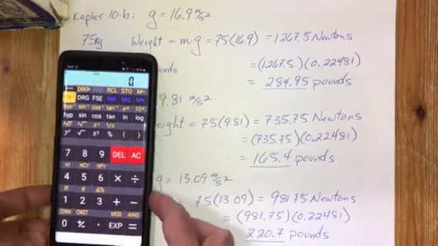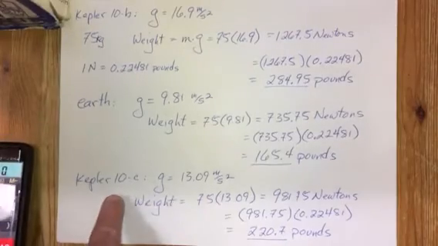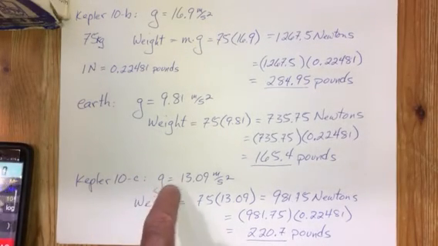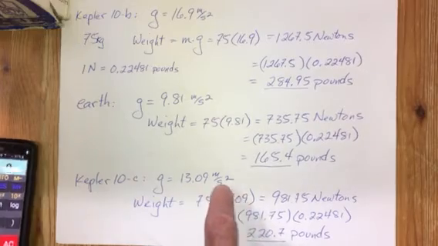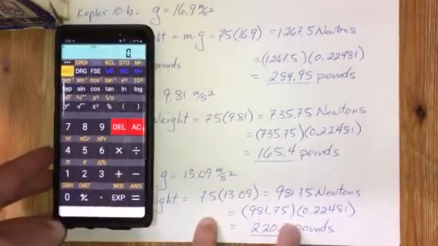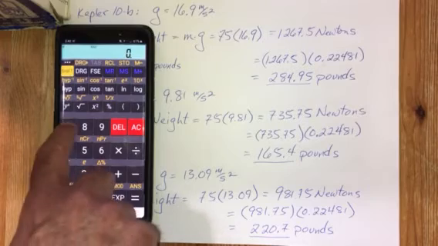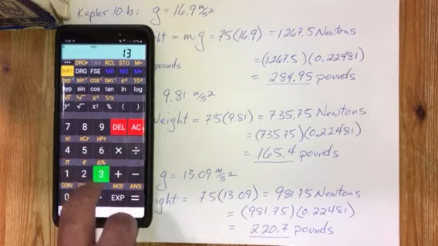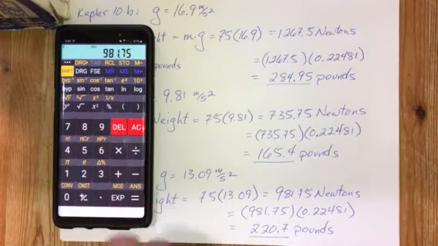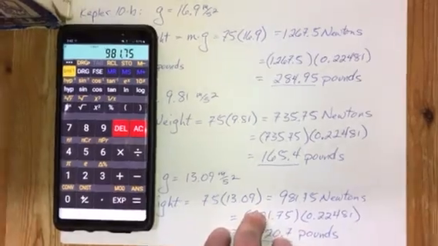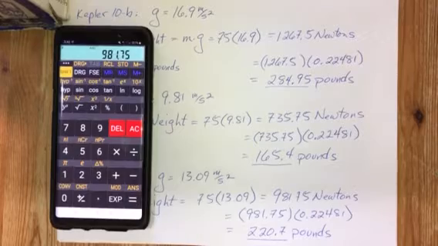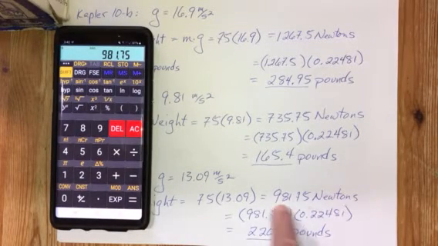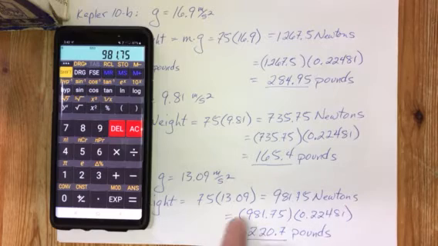Now let's do a similar calculation for Kepler 10c. For Kepler 10c, the acceleration due to gravity is 13.09 meters per second squared. So we're going to calculate the weight in newtons, and we would do 75 times 13.09, and we get 981.75 newtons as the weight on Kepler 10c.